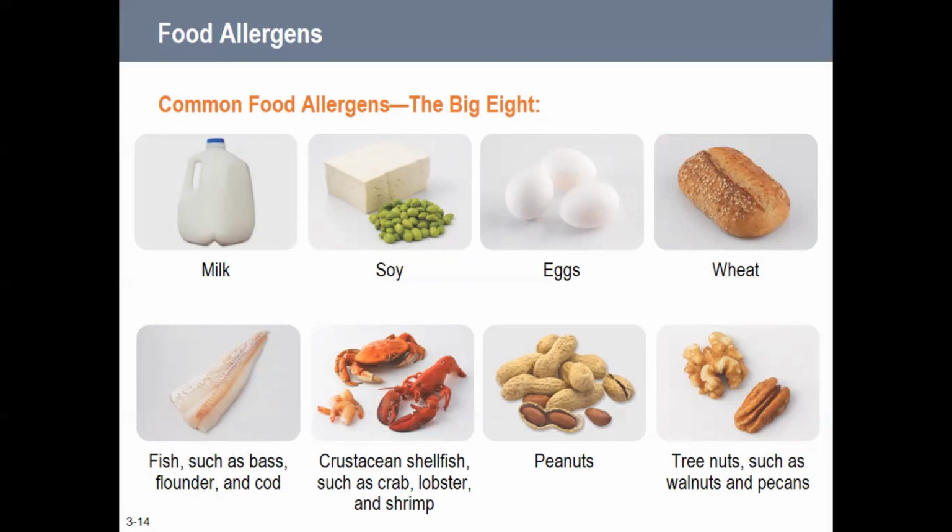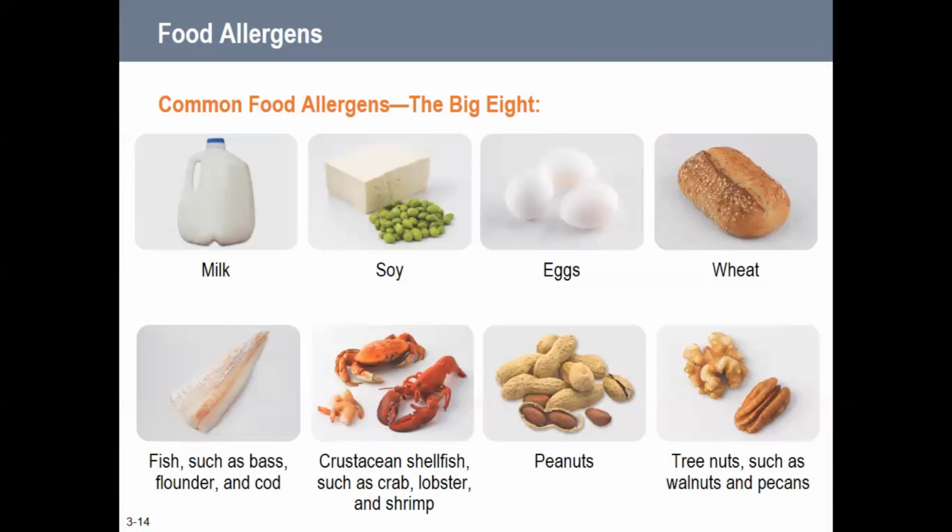The big 8 are milk, and of course milk-based products, soy, eggs, wheat, fish, crustacean shellfish, peanuts, and tree nuts like walnuts and pecans. So milk, soy, eggs, wheat, fish.